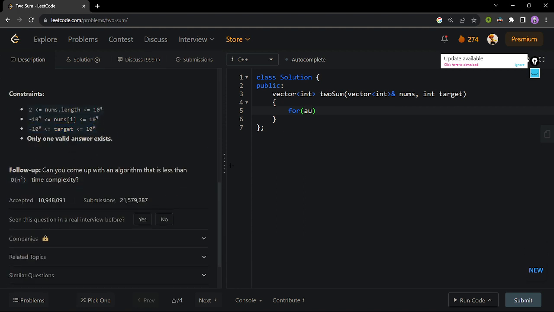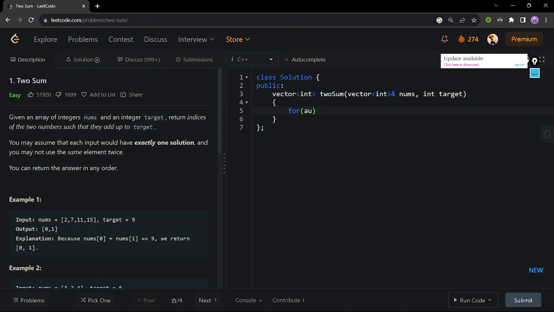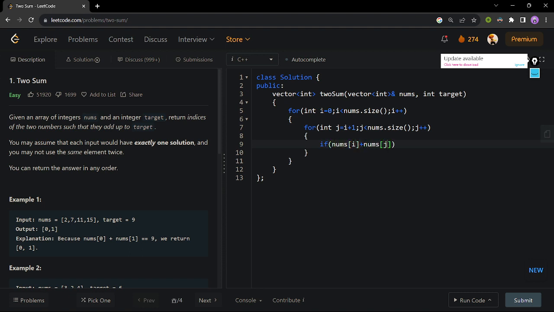Okay, negative numbers are also given, so I'll check for them. For i = 0, i less than nums size, i plus plus; for j = i plus 1, j less than nums size, j plus plus; if nums of i plus nums of j equals target, then I'll return i and j.